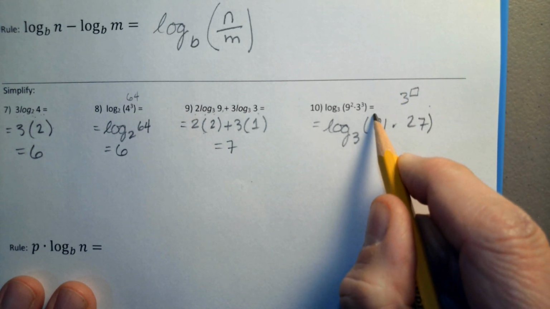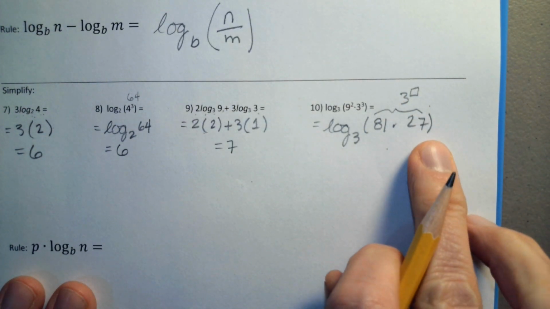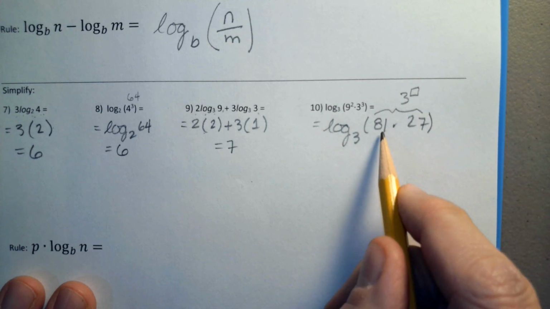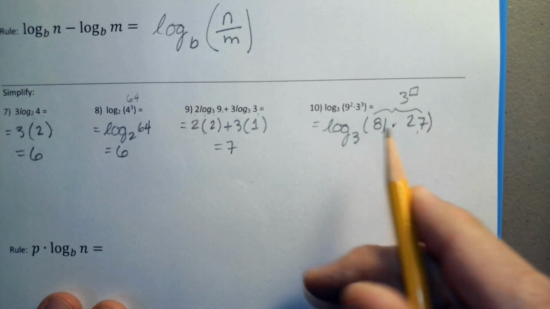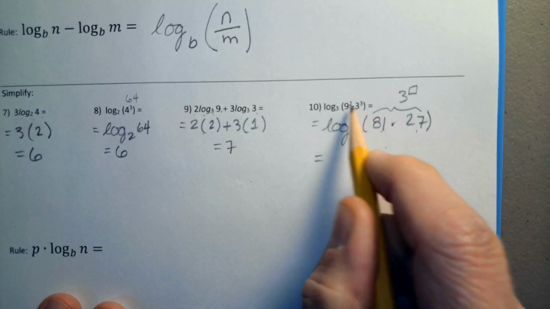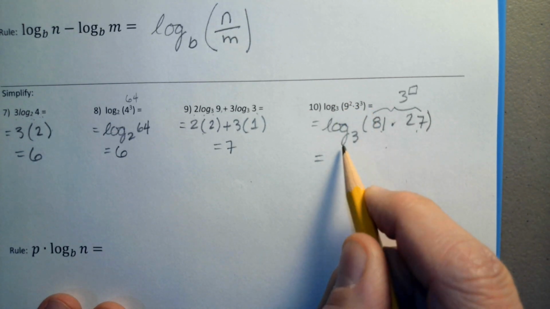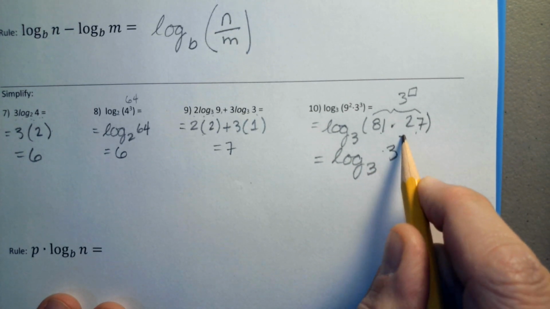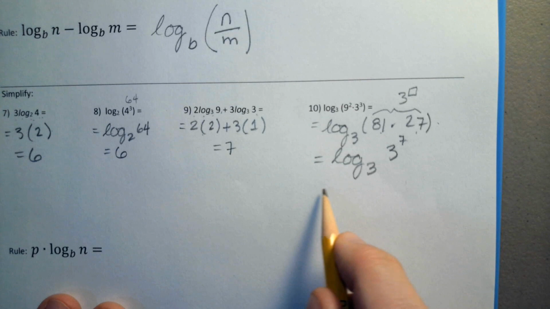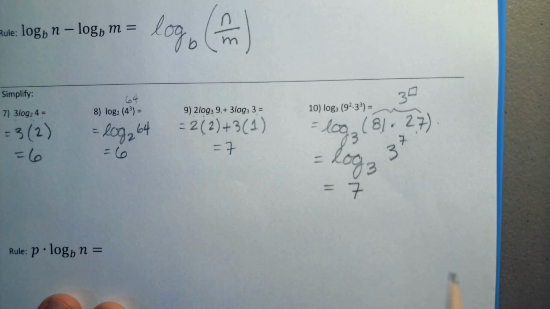So take that argument and write it as 3 to some power. So this is 3 to the 4th. This is 3 to the 3rd. So probably best, rather than simplifying those like we did here, to think of this as log base 3 of 3 to the 7th. And then, of course, we know that's just 7.